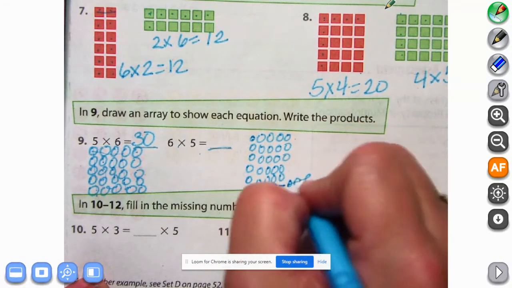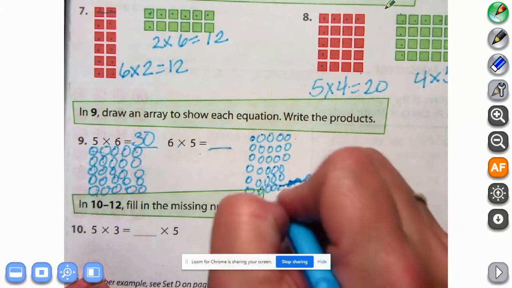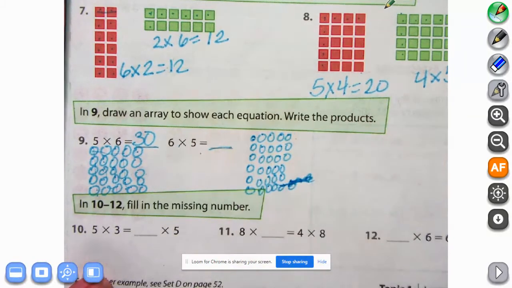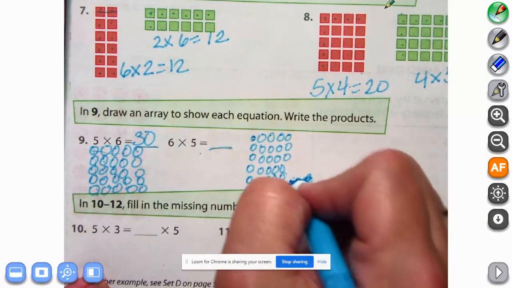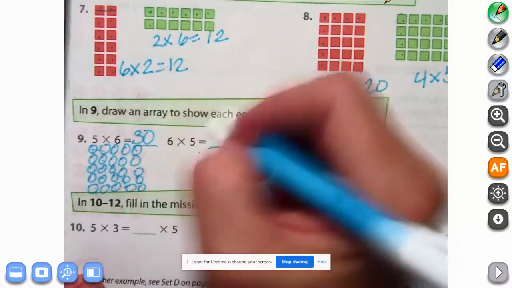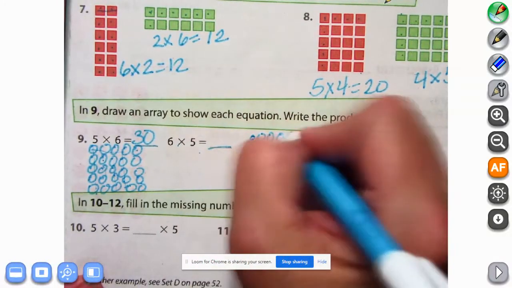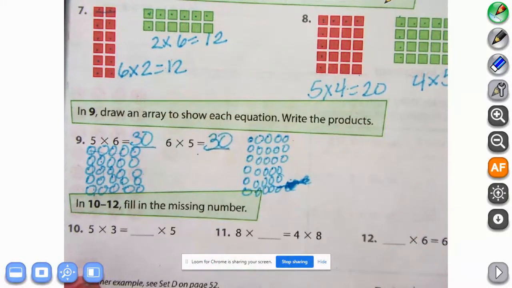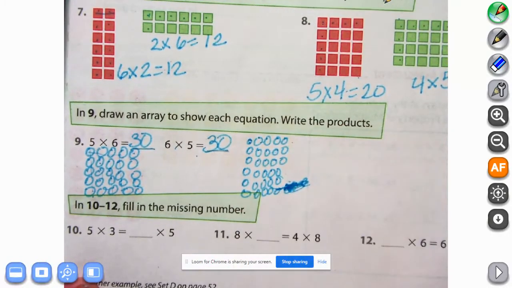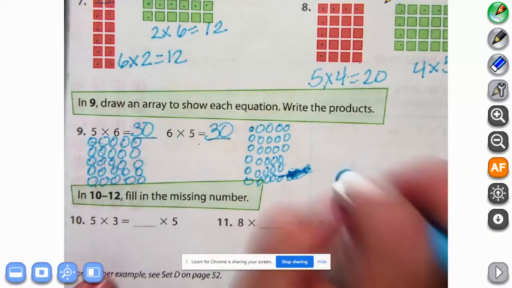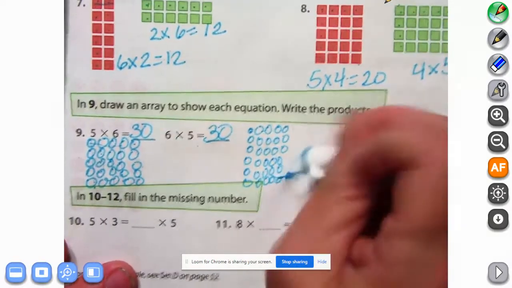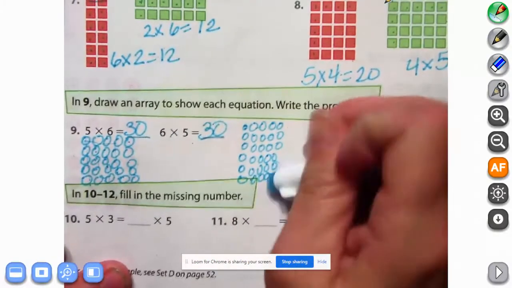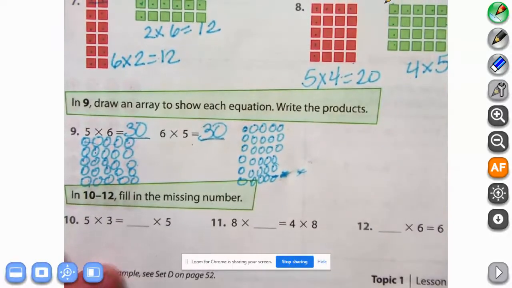Oh, I wrote a word instead of that. Okay. So when we count this, 6 groups of 5. 5, 10, 15, 20, 25, 30. They're both equal. I should just erase that because I made a little mistake. All right.